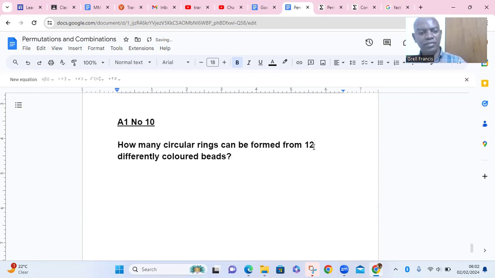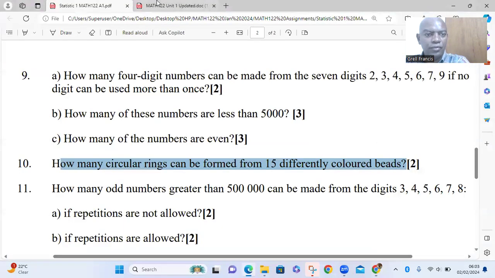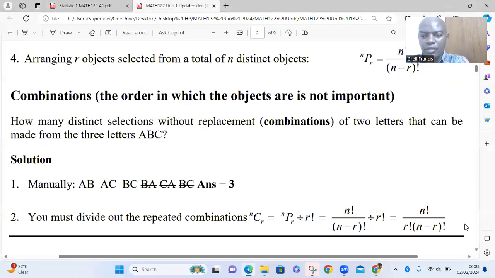To help us with the solution, let's go to unit number 1 to see what is there with regards to arranging on a ring or a chain and bracelet. So here is our list of formulas.